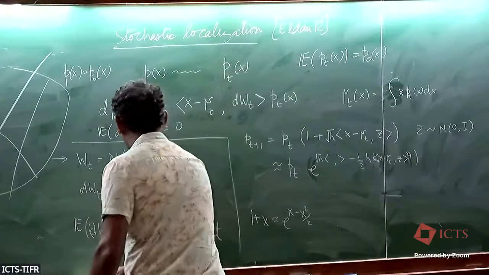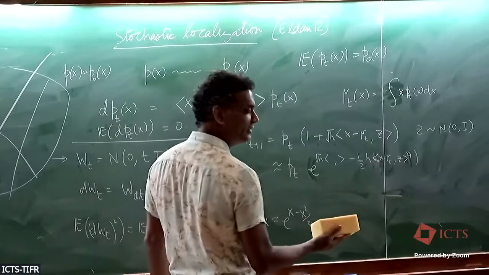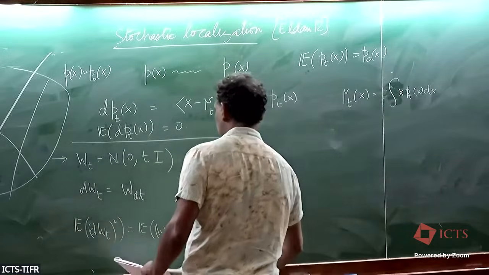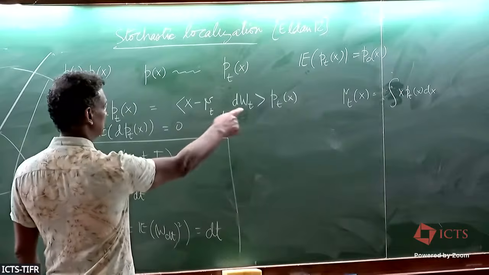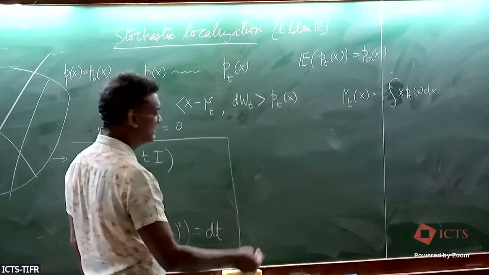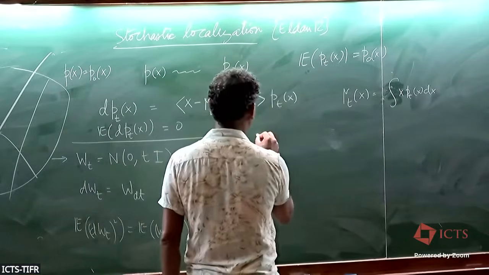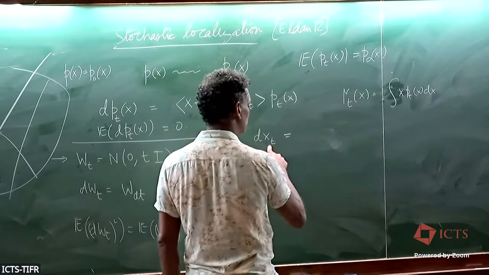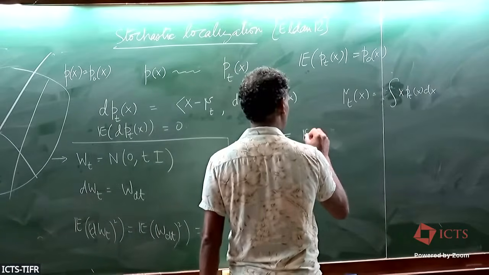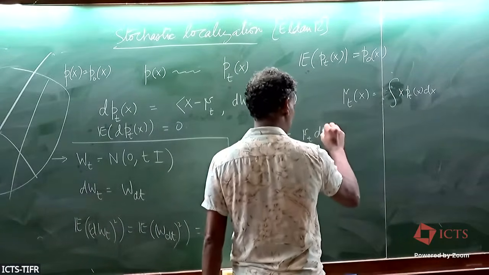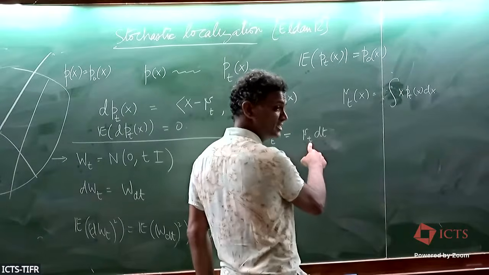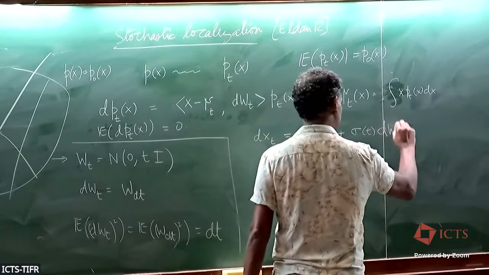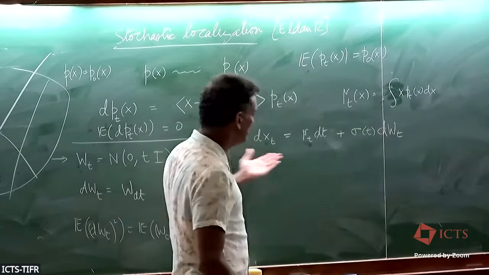We want to understand what Pt looks like. So how can we do that? For this, we have this stochastic differential equation. More generally, if I have a stochastic differential equation like this, x is a random variable changing over time, and it has some drift, a deterministic change with time, and some random change. This is a basic stochastic differential equation.